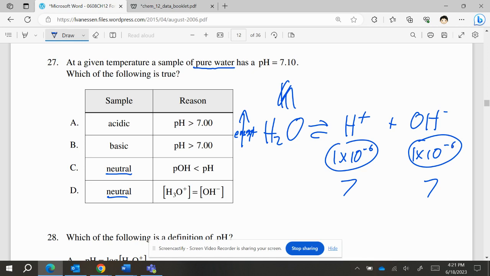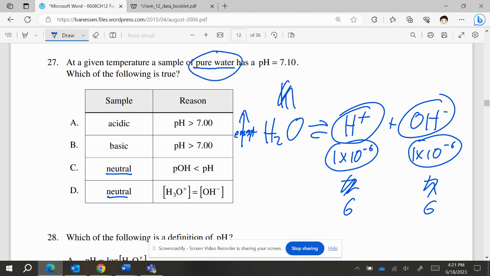So now if I took the negative log of that, the H plus concentration would be 6. But the OH concentration would also be 6. And 6 would actually be our new definition of neutral at this really high temperature. But the important thing to understand is that my H plus concentration and my OH concentration are always going to be equal in a sample of pure water. So is this going to be neutral? Yeah, it's going to be neutral.